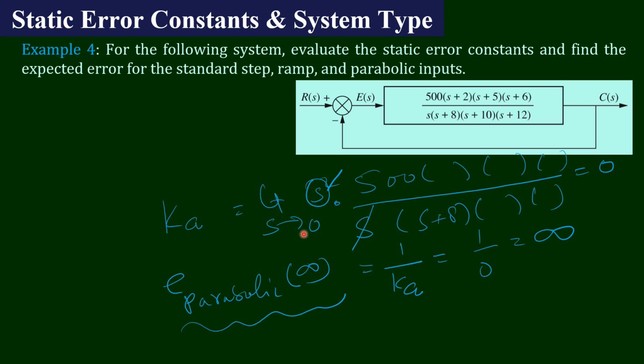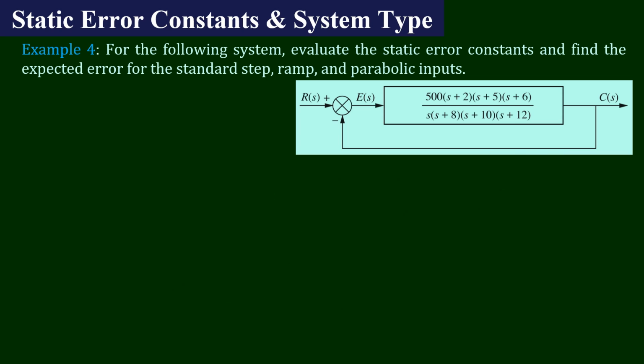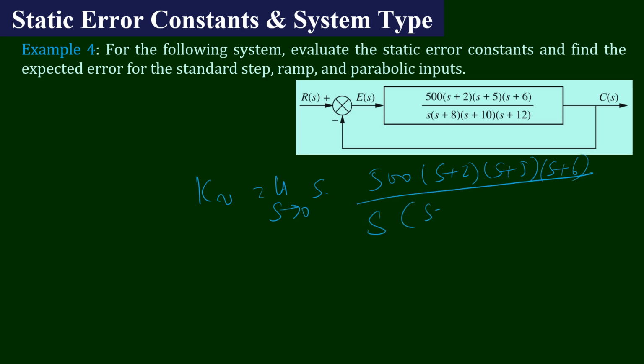Finding the velocity constant is easy. We know that Kv is equal to the limit as s tends to 0 of s, and here of course we need to insert the values, upon s into s plus 8 into s plus 10 into s plus 12.